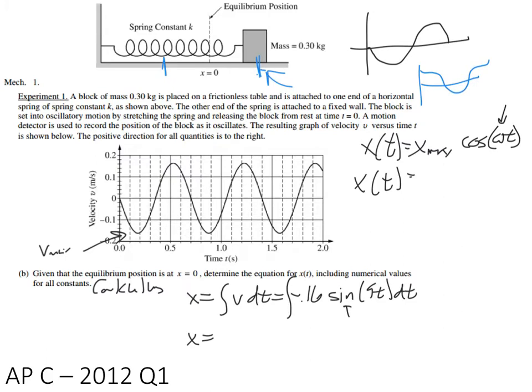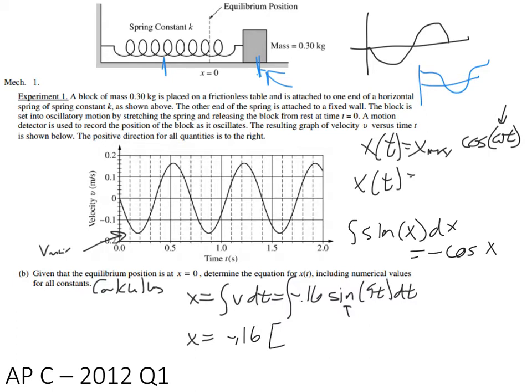In fact, this integral is actually on the reference table. You look at it, you see the integral of sine x dx equals negative cosine x. So this negative 0.16 is a constant value, so that gets pulled out of the integral.